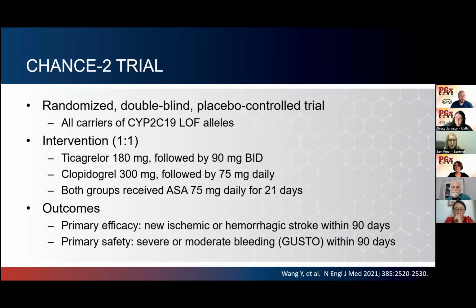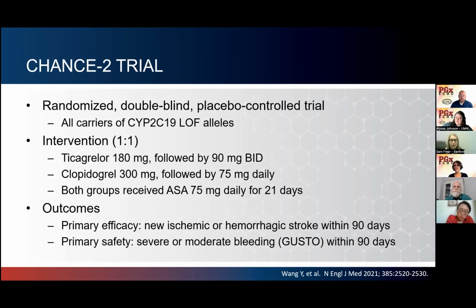And so therefore this study, the CHANCE 2, was then designed to test that hypothesis that the dual treatment with ticagrelor and aspirin would be superior to clopidogrel and aspirin in reducing the risk of subsequent stroke among patients with minor ischemic stroke or high-risk TIA who were those 2C19 loss of function allele carriers.